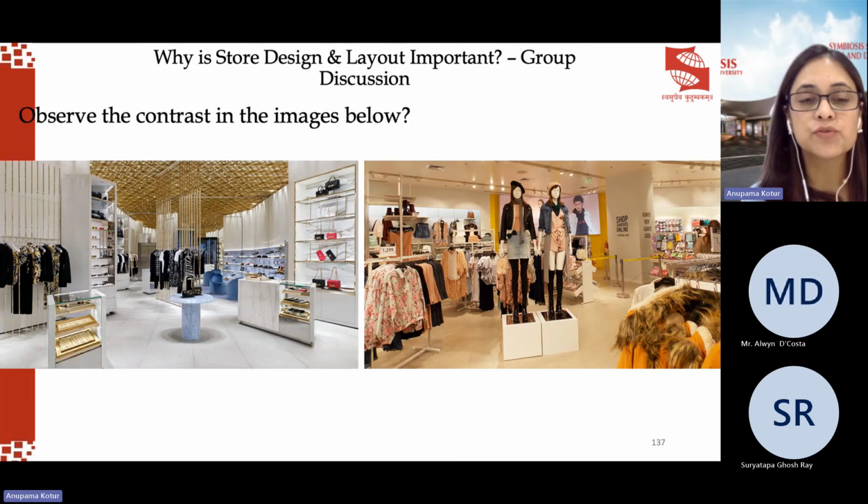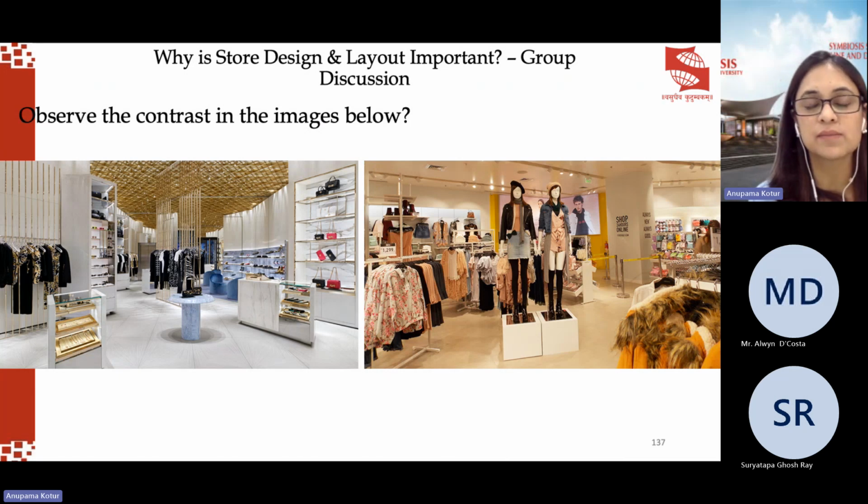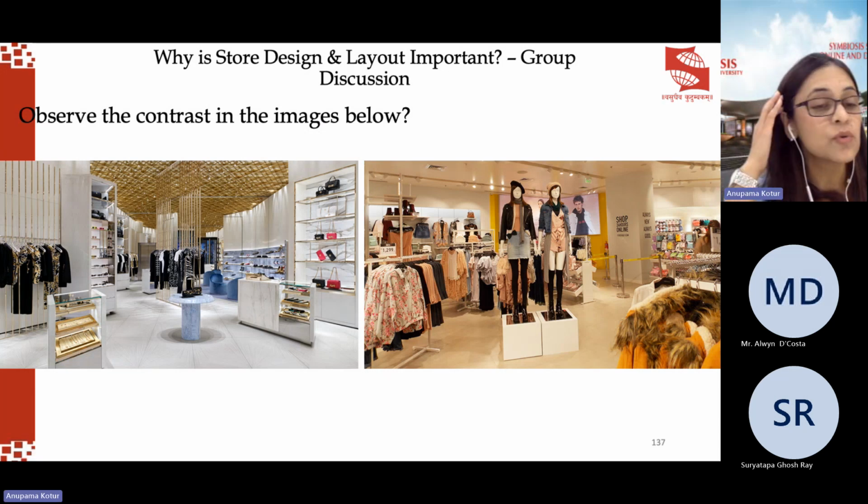What I want you to really do is take a look at both of these pictures and tell me what is the contrast that you are able to observe, right? You will probably see things like the picture on your left hand side is a lot less cluttered, and there is a lot of place for people to move around.